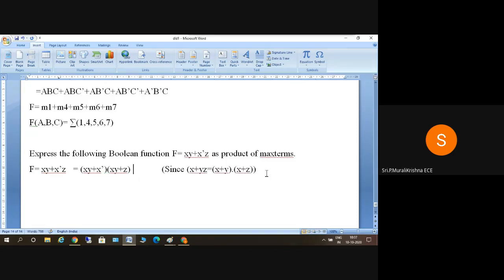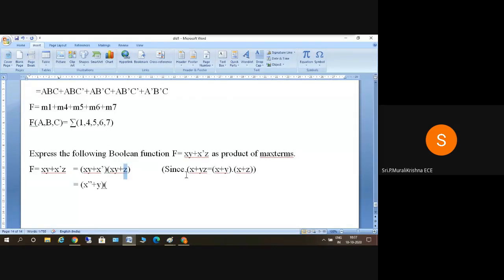Okay, and that can be again written like this. So this is x plus x bar y. This is x here, and this is x bar, and this is y. x plus x bar y is equal to x plus y here. So x plus y is x bar plus y, and we have x plus yz.